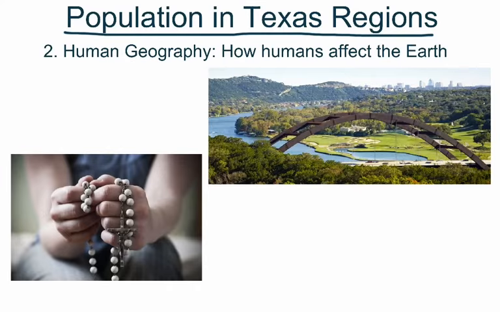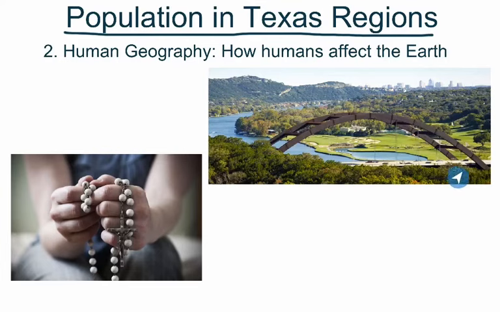The second part of that is human geography. Now, human geography, guys, is how humans affect the Earth, right? We can see here in this picture of the outside of Austin how humans have affected the Earth in this area. We can see the buildings in the back.